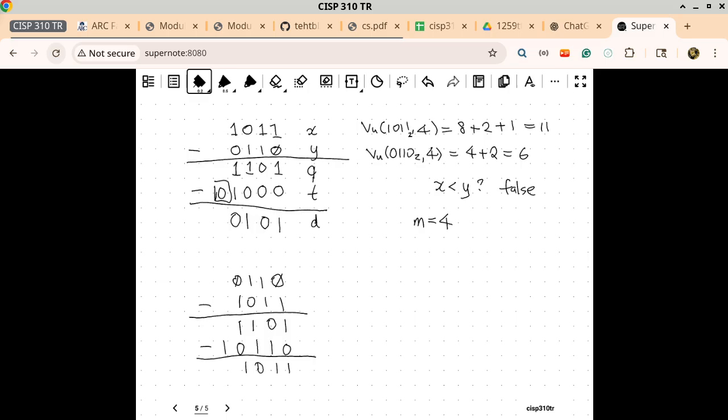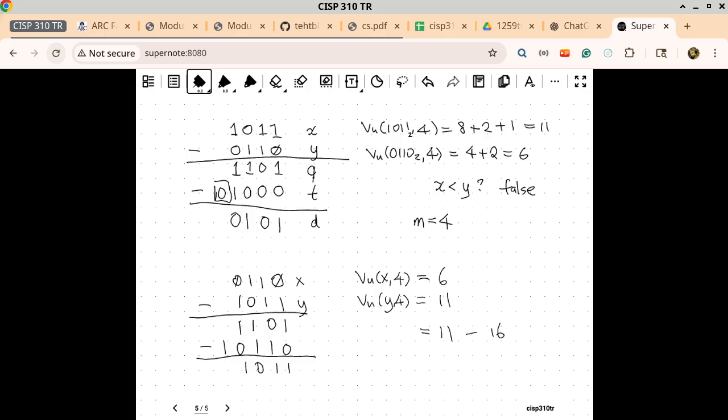All right, so let's see whether this makes sense or not. So in this case, x4, because this is x, is the 6. And y4, this is y, is our 11. So 6 minus 11 in this case says it is 11, but with a borrow of 16.